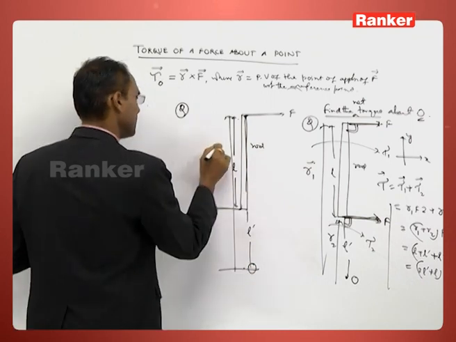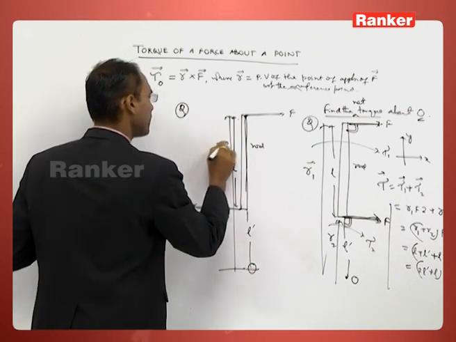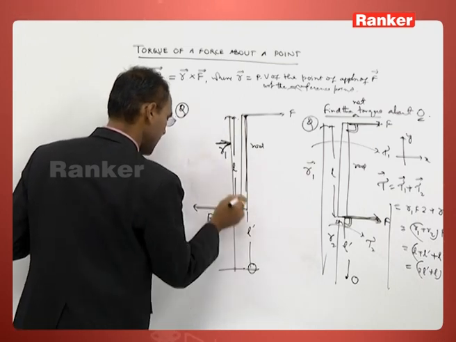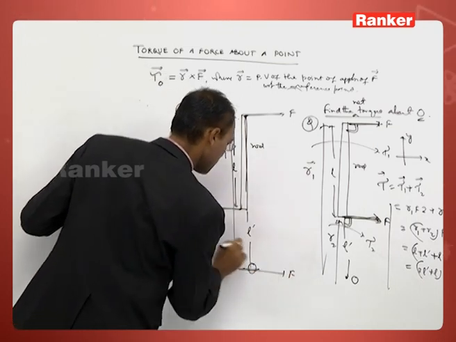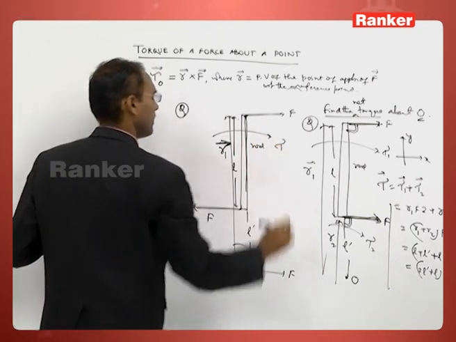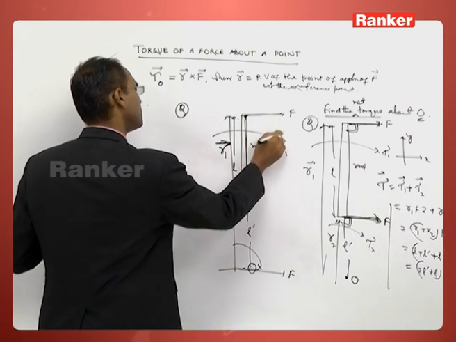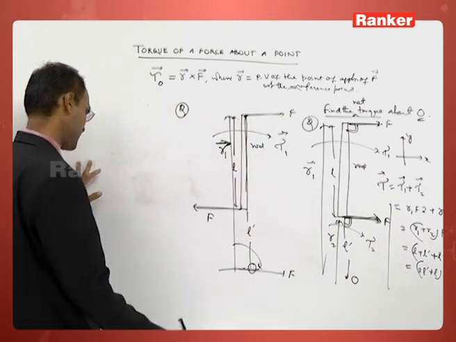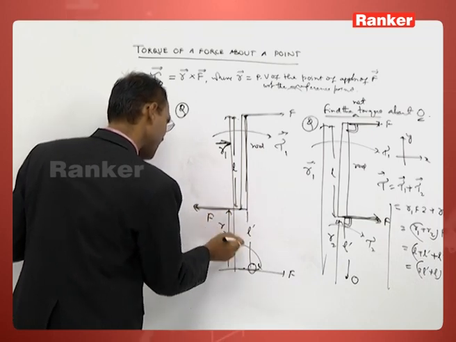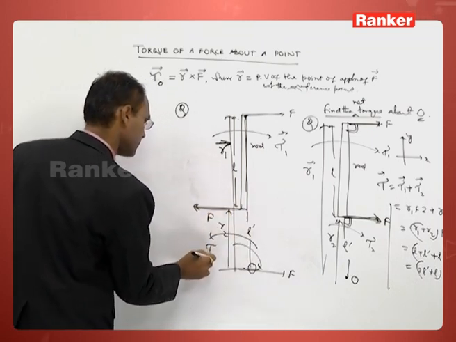With respect to this is R1. R1 cross F. This is R1, this is F. R1 cross F produces a clockwise twist, and this force produces an anticlockwise twist.